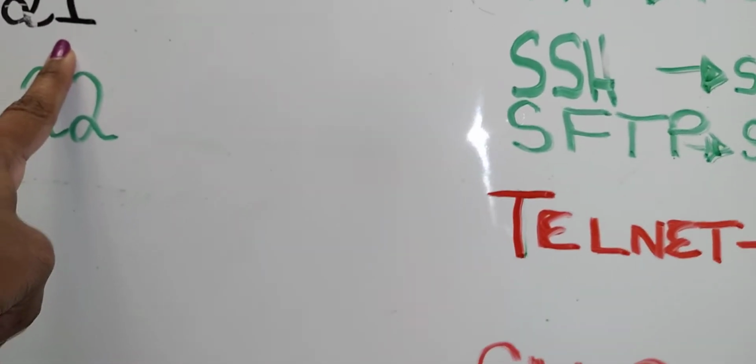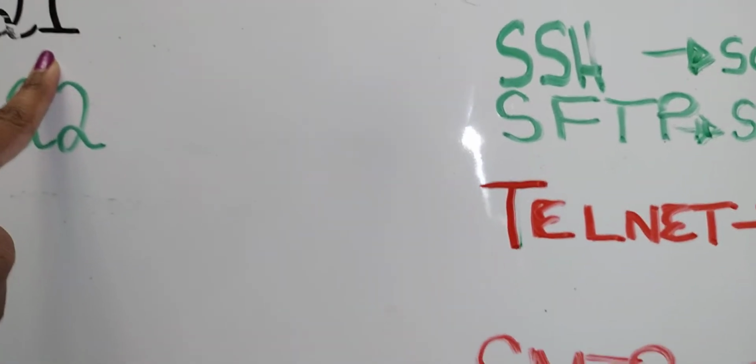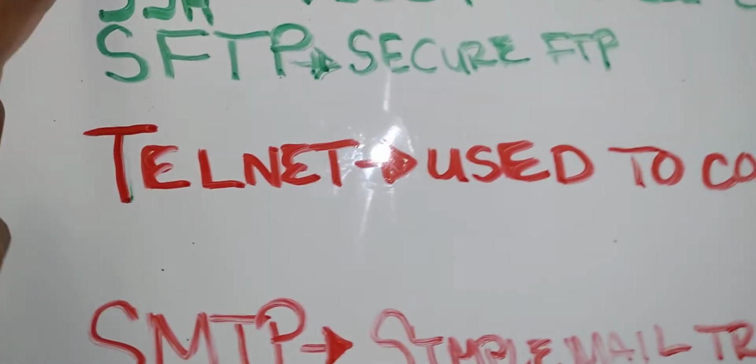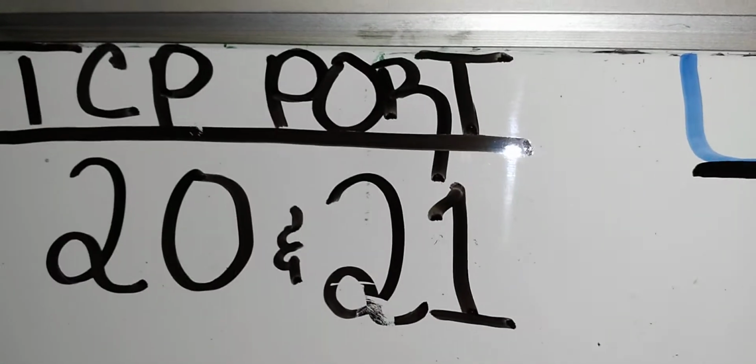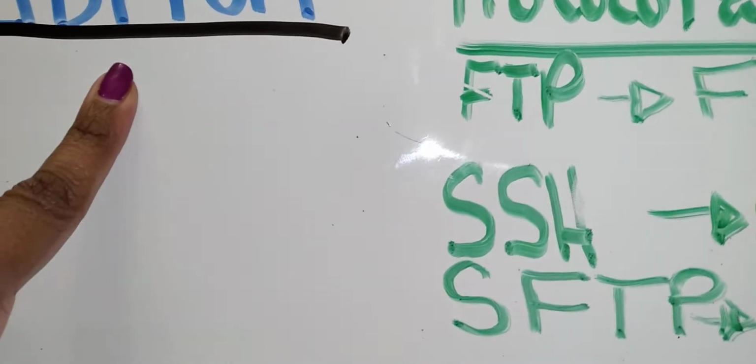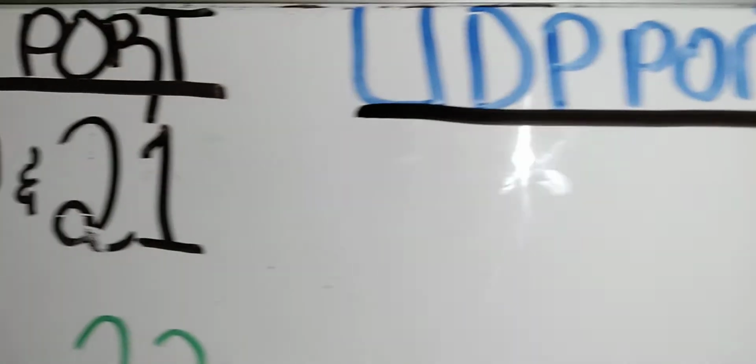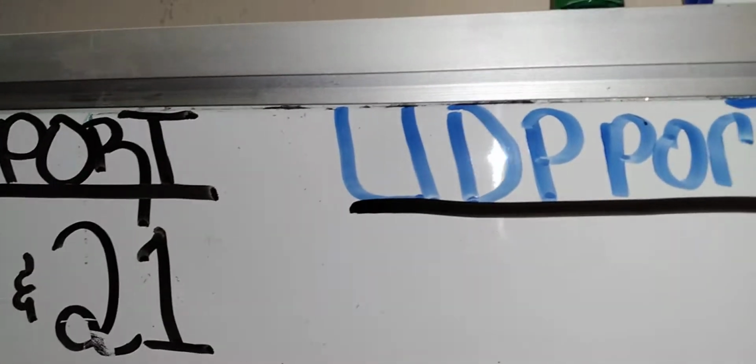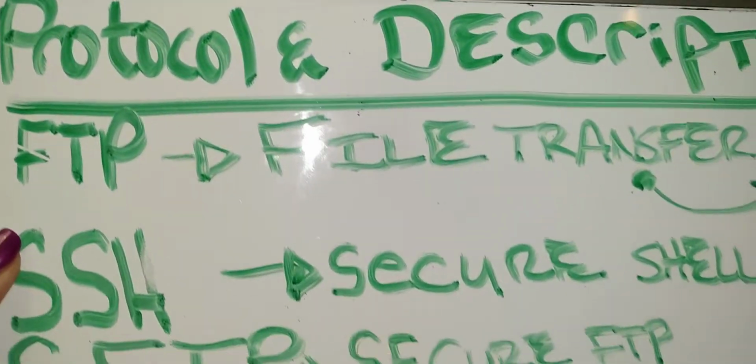The FTP connection is 21. And it's still a TCP port, in contrast to a UDP port. And 21 is the FTP connection.